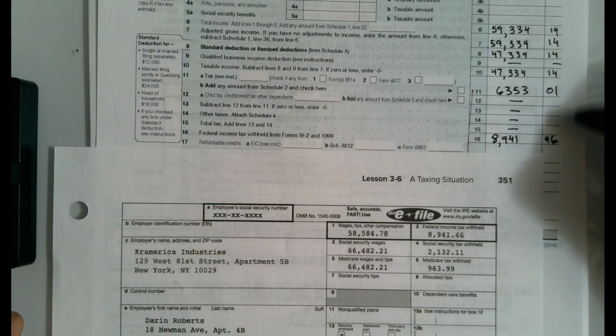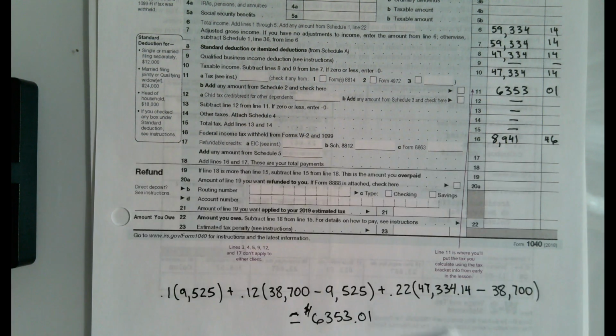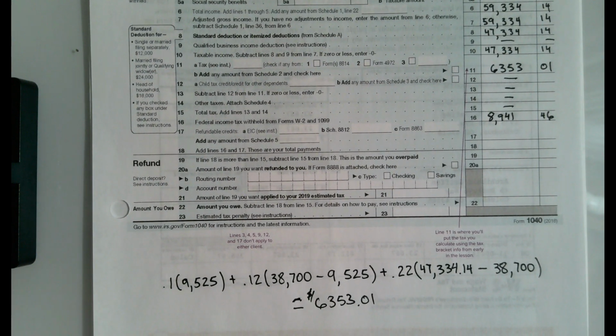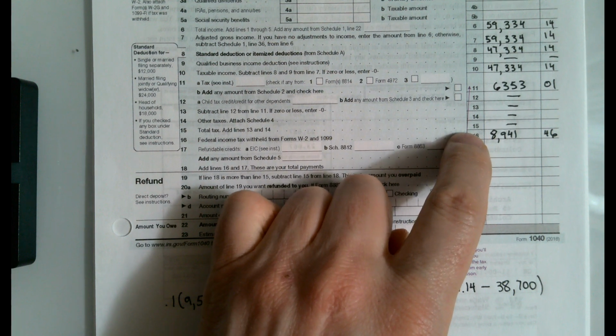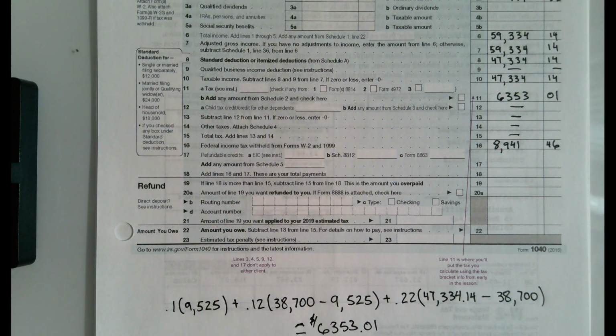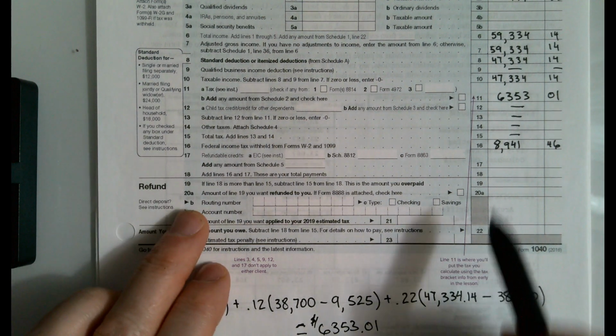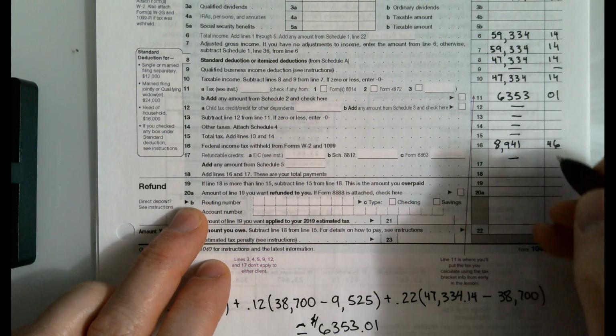Ideally, these numbers would be exactly the same, so he would have more of his income in his savings account so that he could be investing that at a higher interest rate. Note that he's going to get a return. So if this guy's a spender, then this is kind of forced savings, but you get no interest on that. The government does not pay you interest on the overpayments you made to them.